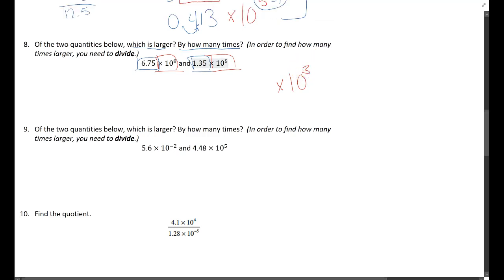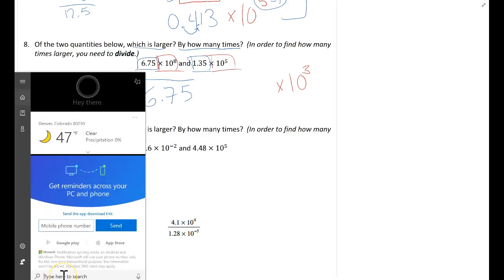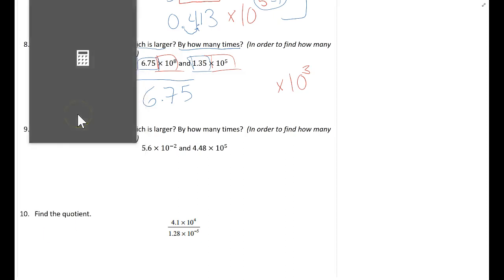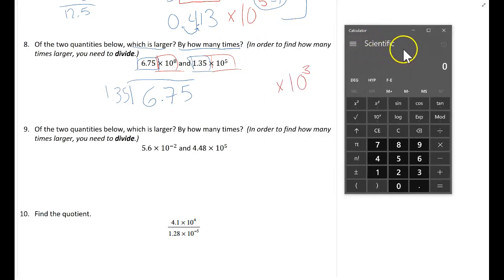Let's do the slightly tougher piece, which is 6.75 divided by 1.35. In order to save time, I'm just going to pull up the calculator. I make sure that it is in fact in scientific form.